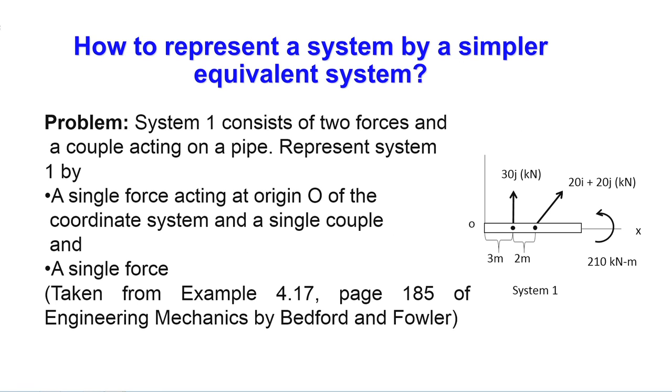Another problem we are going to solve is how to represent a system by a simpler equivalent system. Now, here we can see a system where two forces are acting along the x axis, at 3 meter distance from the origin, and another at 5 meters distance from the origin.